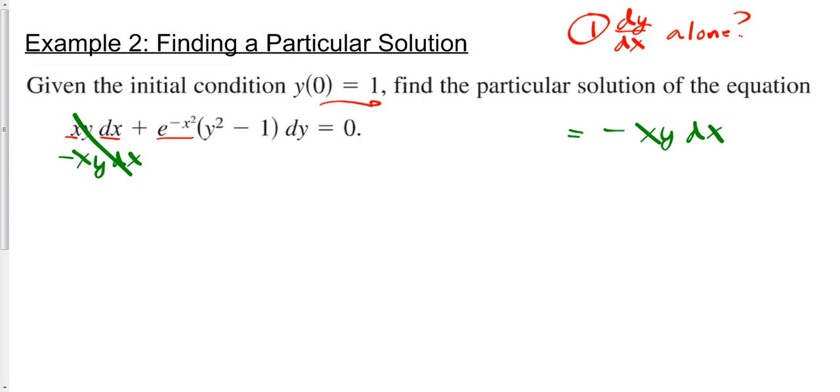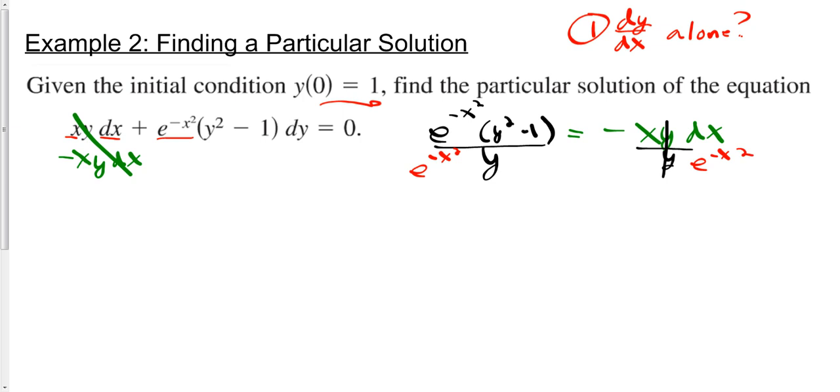And that's equal to e to the negative x squared, y squared minus 1. I'm going to get that y over to where it belongs by dividing it, and I'm going to get e to the x squared where it belongs by dividing by e to the negative x squared. And that's that. Okay, so what do we have?